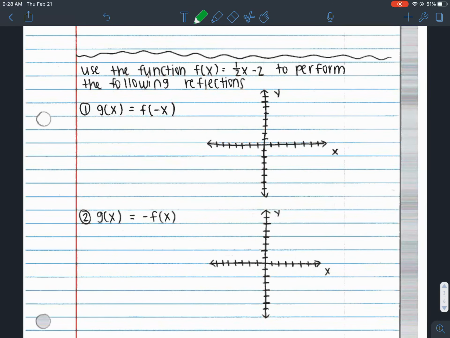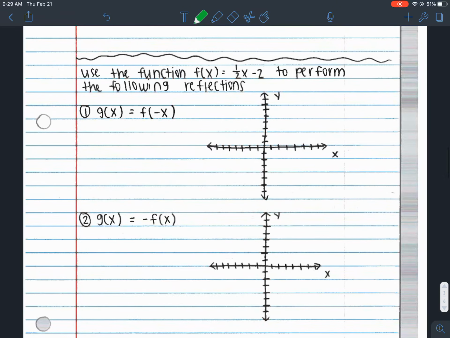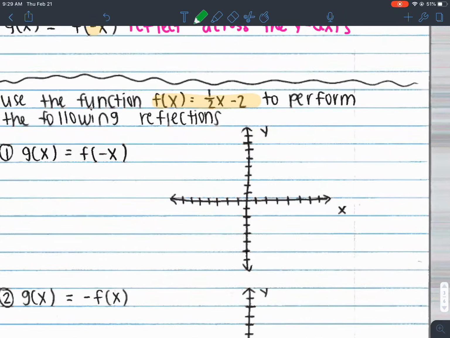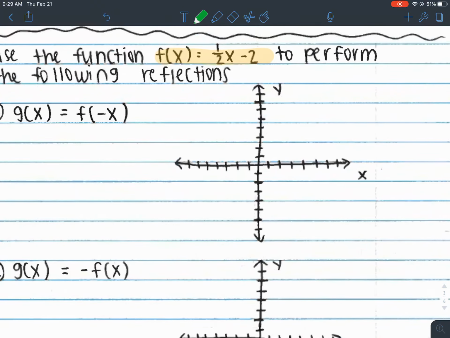We're going to use the function f of x equals 1/2 x minus 2 to perform the following reflections. The first set of transformations we saw were translations, and we used the parent function, f of x equals x. But now they're giving us a different function. So we need to graph this on both of our graphs here. We have to use it for both.